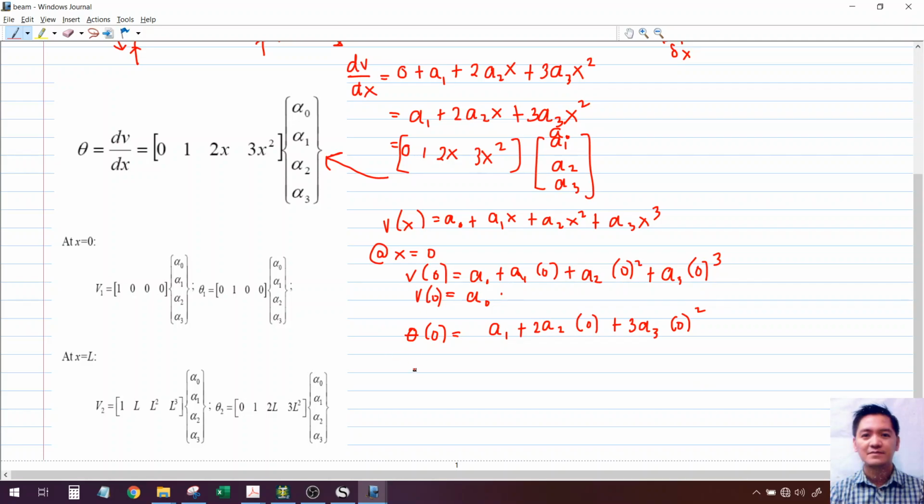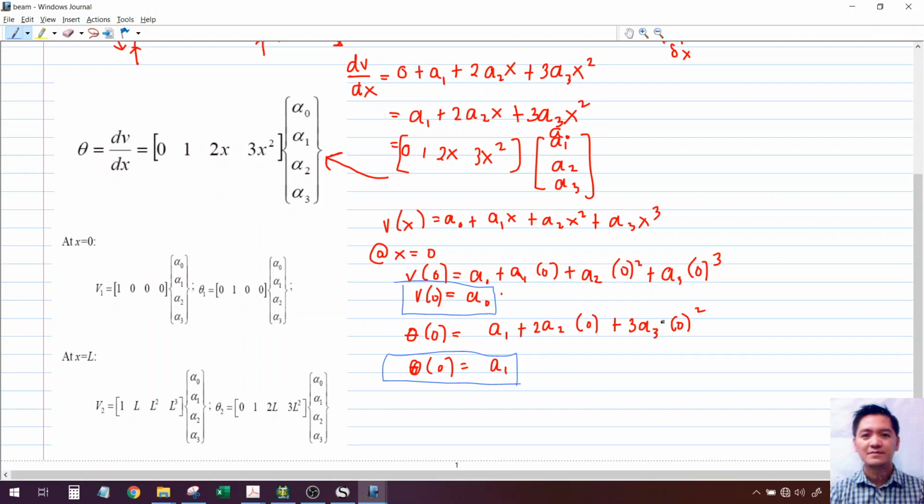So theta at 0 equals alpha 1. So ito siya: V at 0 equals alpha naught, theta at 0 equals alpha 1.